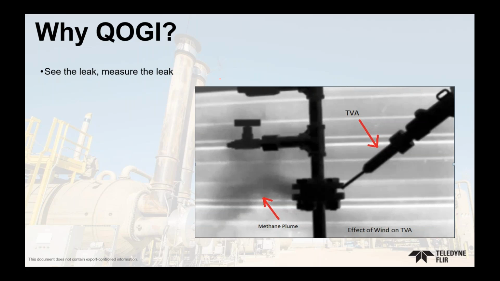As you can clearly see in this still image, we have the methane plume on the left-hand side of the component, and the TVA is coming in at the right-hand side, nowhere near the plume itself. So fundamentally, why QOGI is that you can see the leak. If you see the leak, you can measure the leak. It's as simple as that.